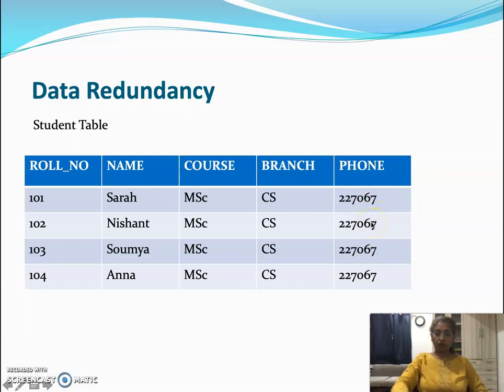This takes a lot of space and unnecessarily increases the size of the database. So what we need to do is to normalize this database so that the repetition is removed and it improves data integrity. So how to do this?